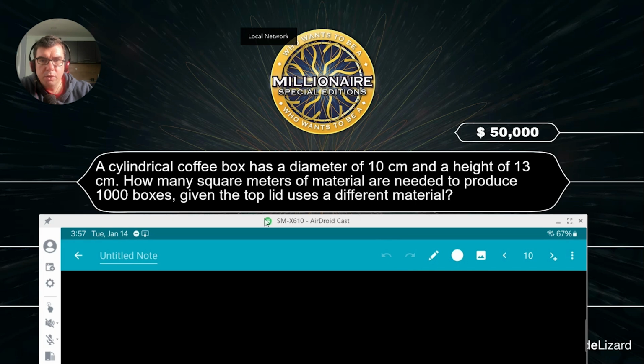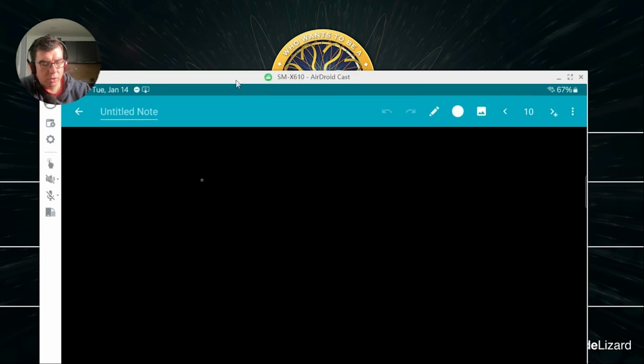The material that goes into producing the box equals the total area, but because it says that the top lid uses a different material, we calculate only one of the bases, the lower base or the bottom lid of the cylindrical box. Therefore, the total area in our case will be the lateral area plus one of the base areas.